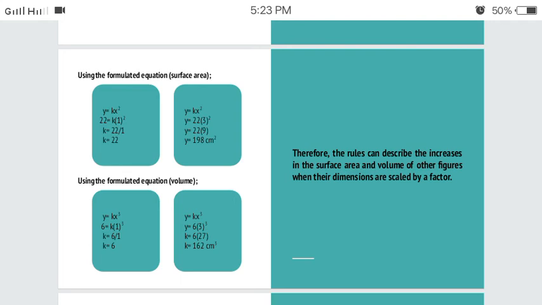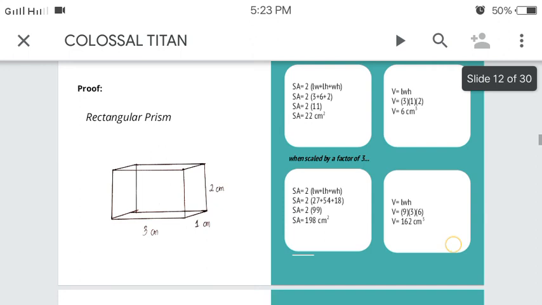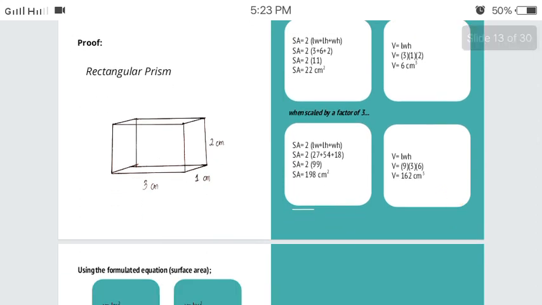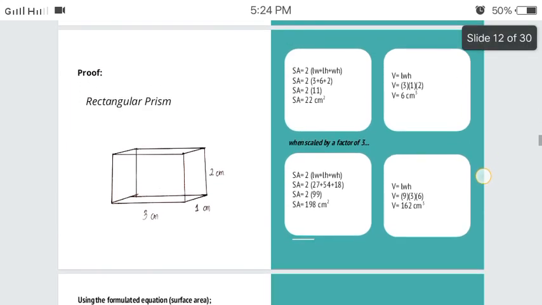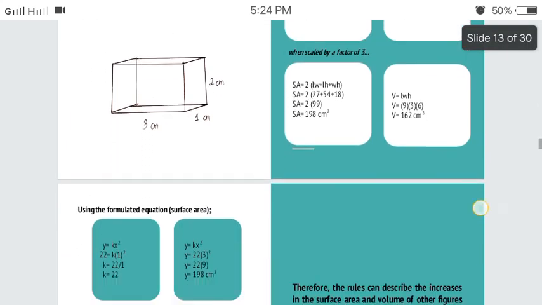So y is equal to kx squared. Y is equal to 22 times 3 squared, where 3 is the scaling factor. Y is equal to 22 times 9. That is 198. So the surface area of the rectangular prism is 198 centimeters squared, which is equal to its surface area when the formula for the rectangular prism is used.